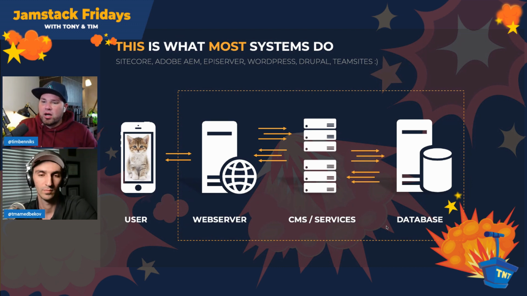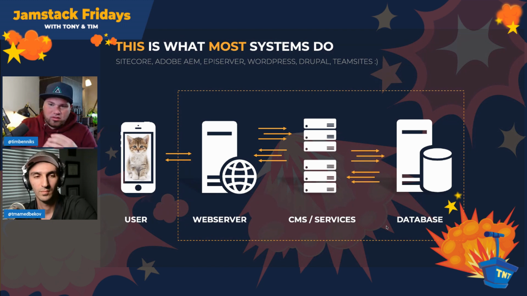We're talking about how WordPress deals with their database, their CMS services, the web server, everything in one chunk, right? On its own, this is pretty decent. But there are also some drawbacks to this system, right? So Tony, which of the systems that I've written down here at the top have you used yourself?